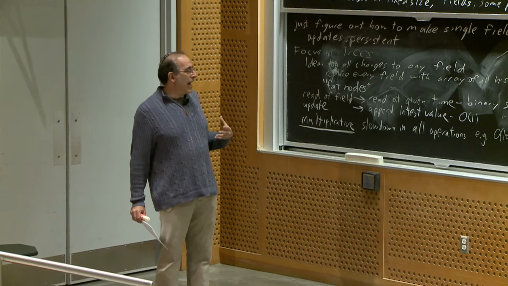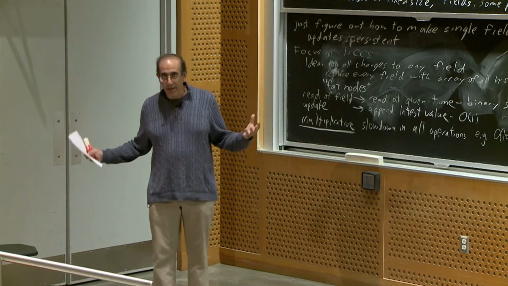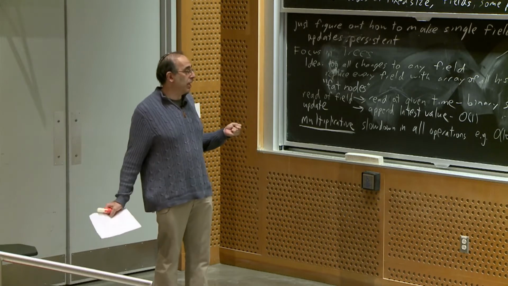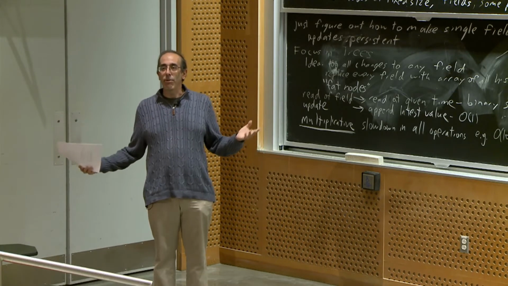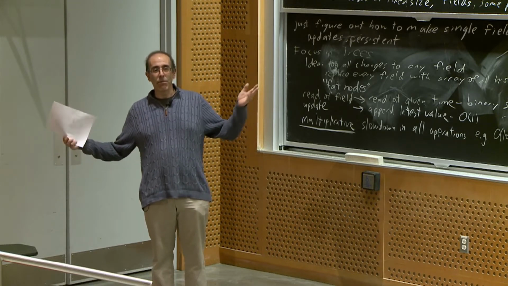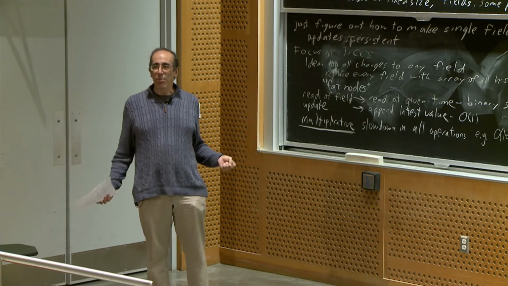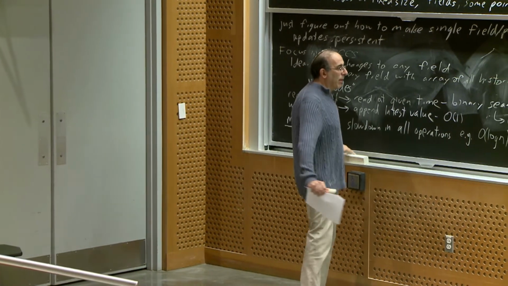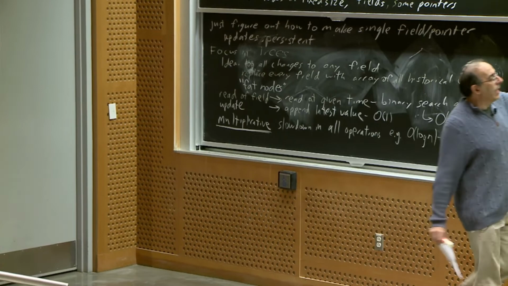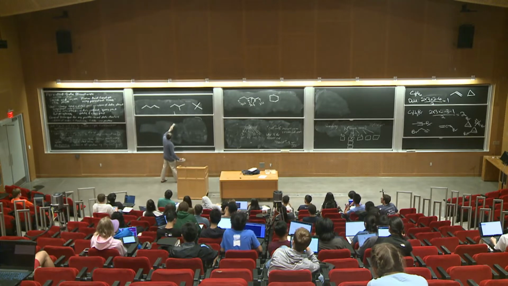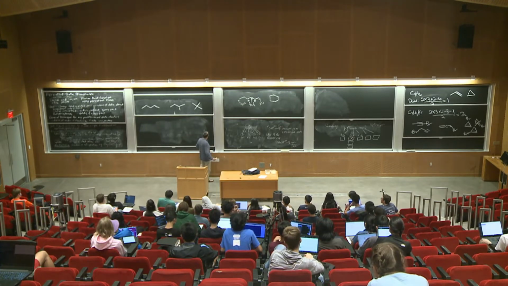And if we now decided to make a persistent Fibonacci heap, God knows why you would want to do that, all of a sudden our runtime for decrease key would become log t, and we would have just lost the wonderful improvement to constant time that we had before. So in data structures, you think about logs as being substantial, and it's kind of disappointing that you get this log t slowdown in order to achieve persistence.